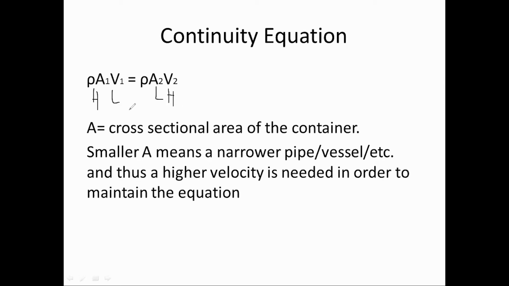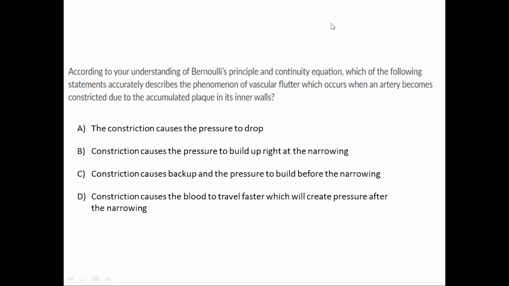If you decrease the area, you have to increase the velocity in order to keep the equation true, since rho is the same on both sides, right? And remember, Bernoulli equation and continuity equation are very closely related. Most of the time, you'll be asked to use both to solve a problem, so try it out.